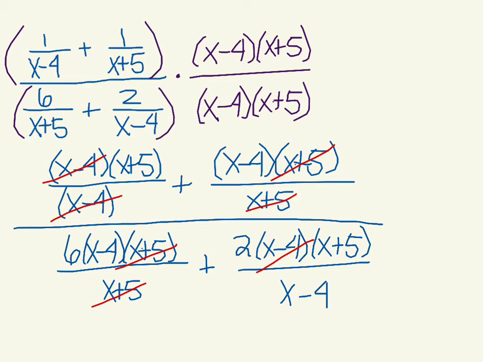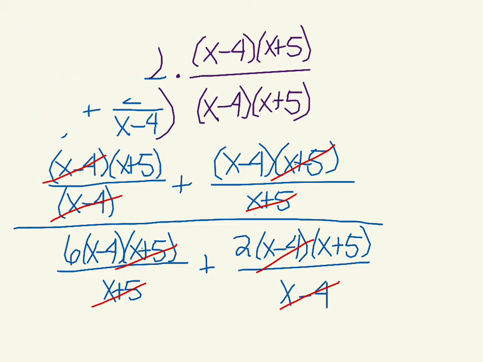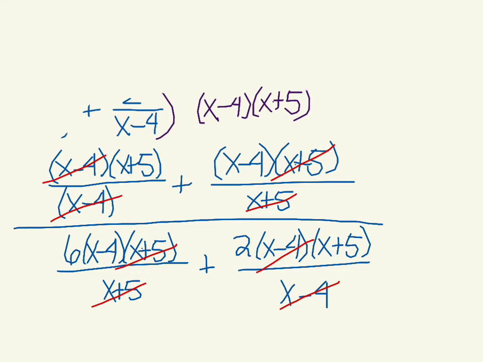So now the x minus 4's cancel. So all I'm left with is the x plus 5, the x minus 4, the 6 times x minus 4, and the 2 times x plus 5. So writing all of that down, it looks like I'm going to need to erase to get some room. Let's erase all of this. These complex fractions take a lot of space.